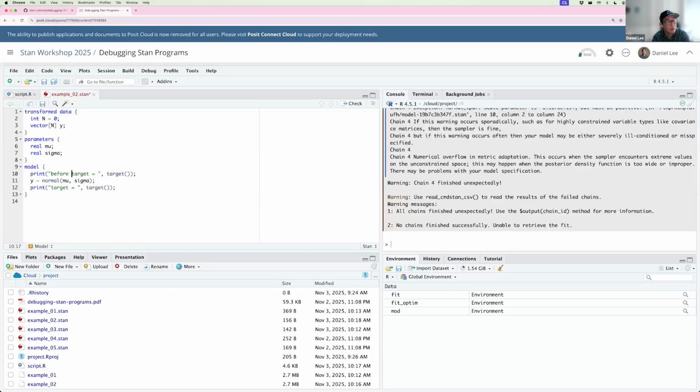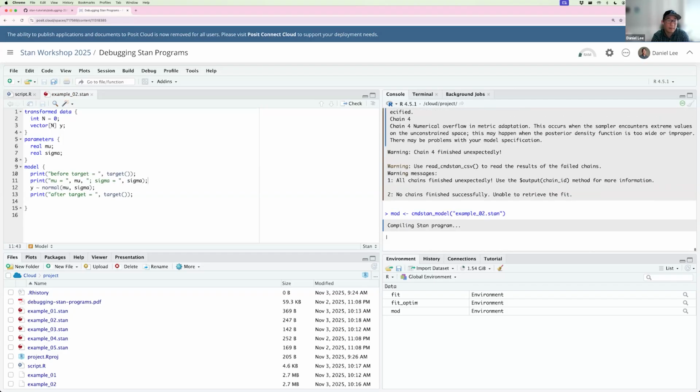So do this. What I'm doing here is, within the iteration, I want to know what the target is at the start of the model block. I want to print my mu and sigma so I know what values I have and what happens after I run this code.